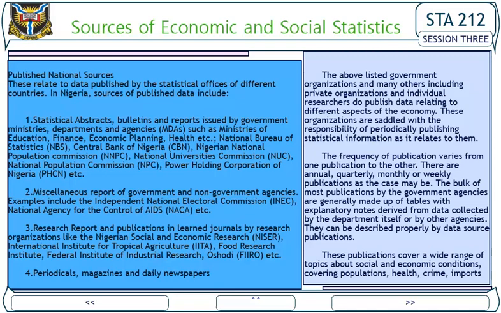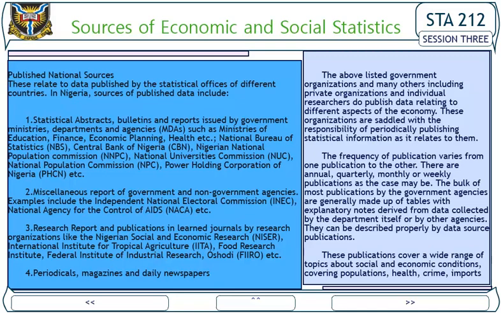The above listed government organizations and many others, including private organizations and individual researchers, do publish data related to different aspects of the economy. These organizations are saddled with the responsibility of periodically publishing statistical information as it relates to them. The frequency of publication varies from one publication to the other.